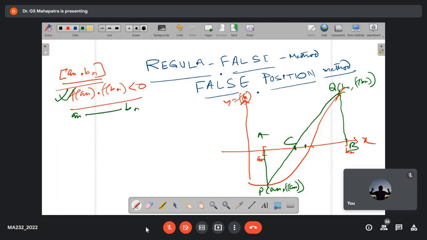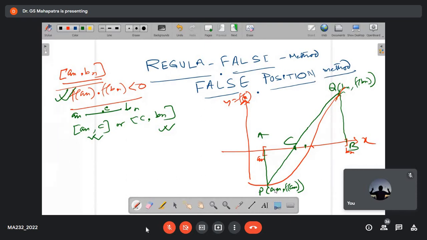Now you have another point C, an arbitrary point C. So now you have to check whether the root lies between An comma C or C comma Bn. Then that interval will be the next interval for this computational technique.